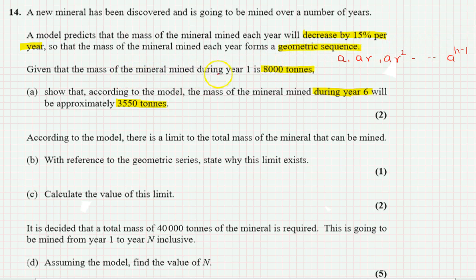The mass of the mineral mined during the first year is this, so this is equal to A. So A is 8,000 tons. It is decreasing, so R is going to be, it's decreasing 15%, so the remaining is 85%.